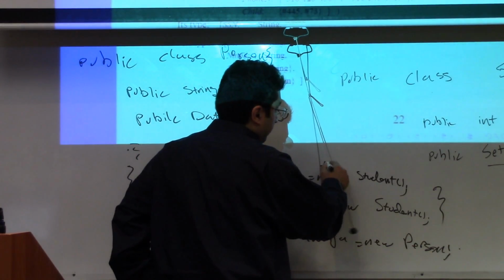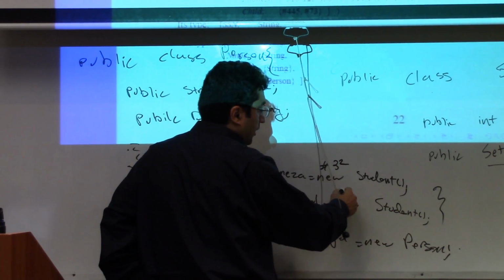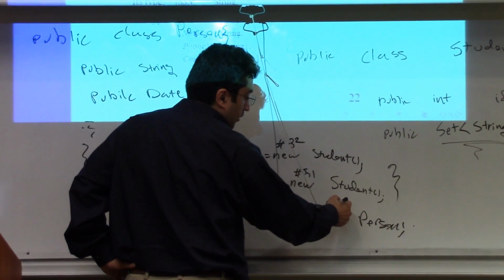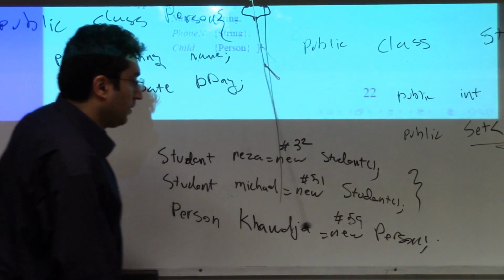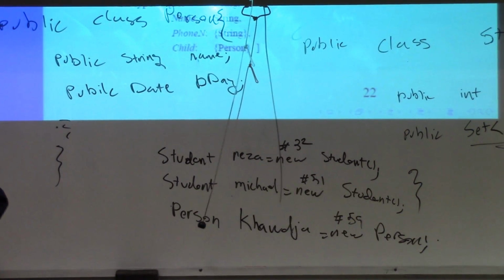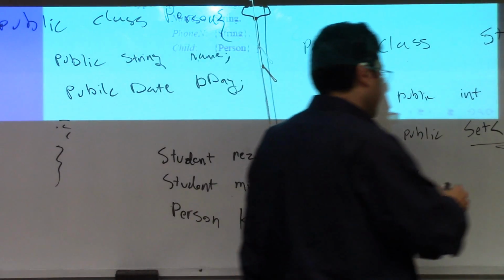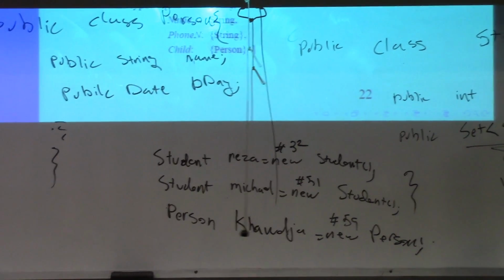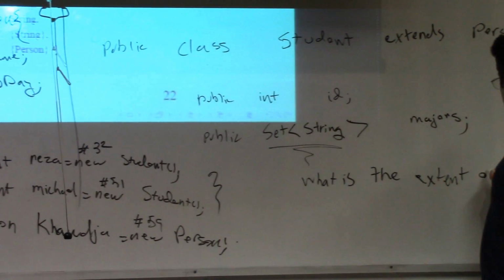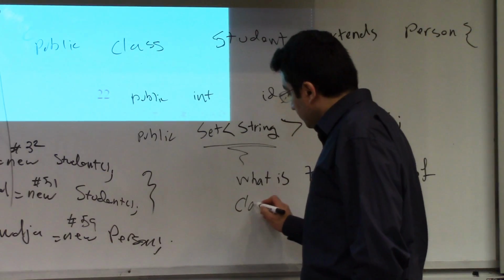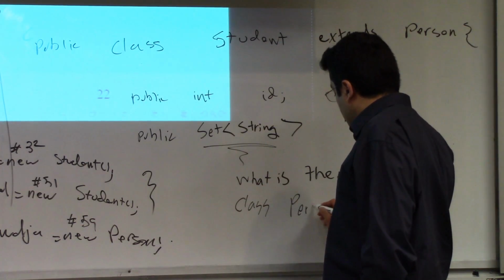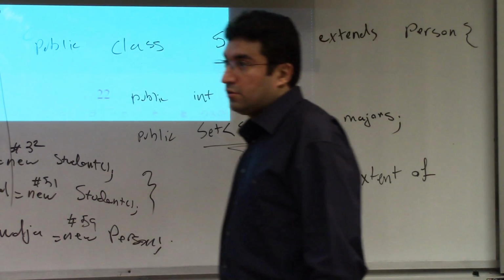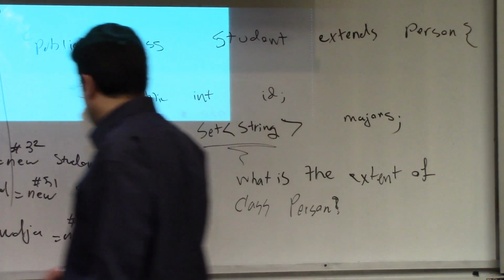The object ID of this one is 32. The object ID of this is 51. This is created 59. Suppose that these object IDs are created. What is the extent of person? It is a set with 32, 51, 59 in it.